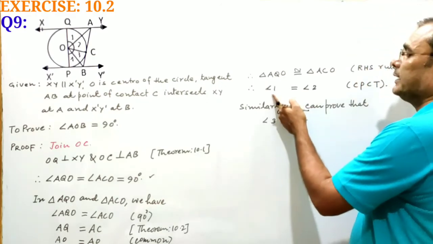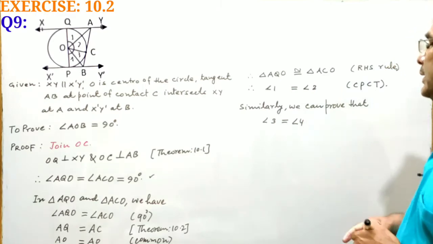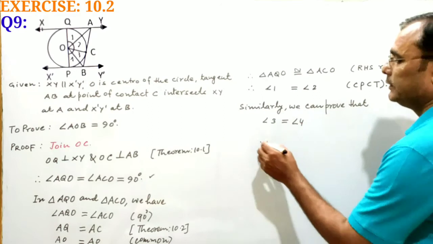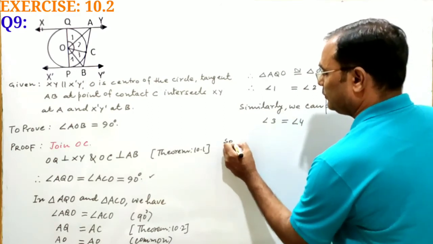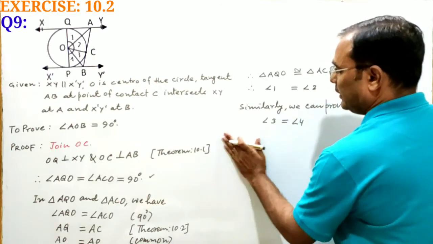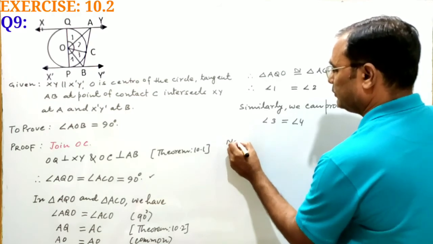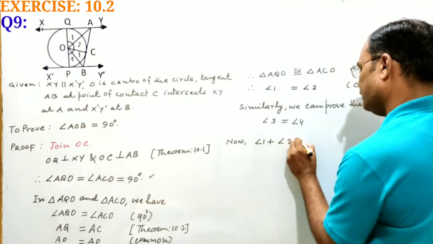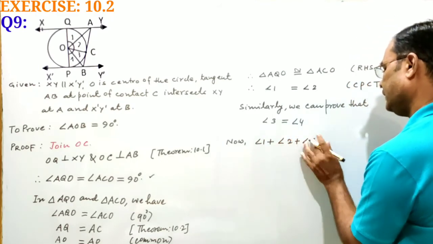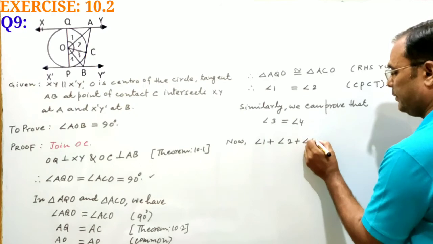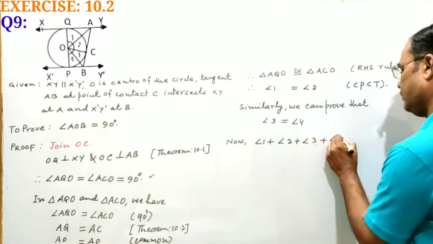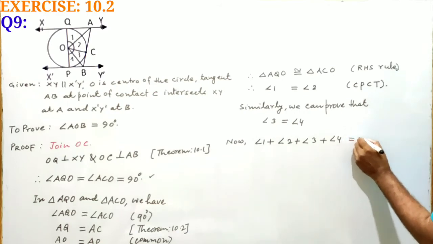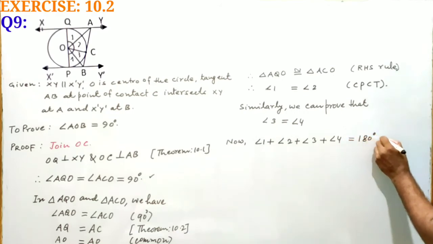So we have proved that angle 1 equal to angle 2 and angle 3 equal to angle 4, you can see in the figure. So now angle 1 plus angle 2 plus angle 3 plus angle 4 is equal to 180 degrees.